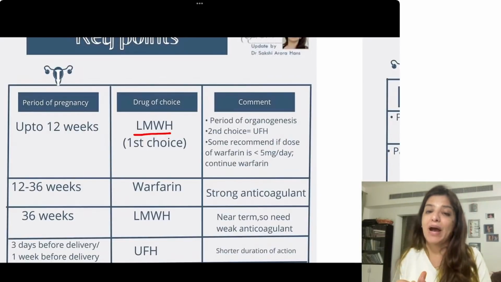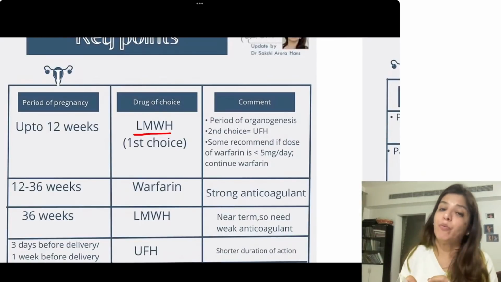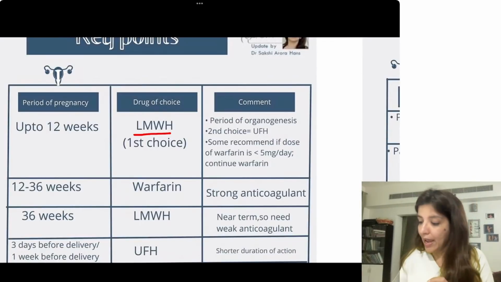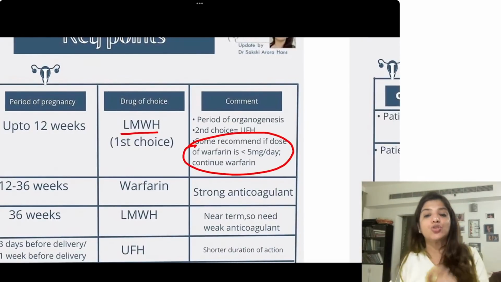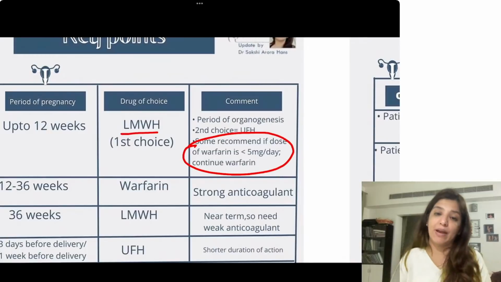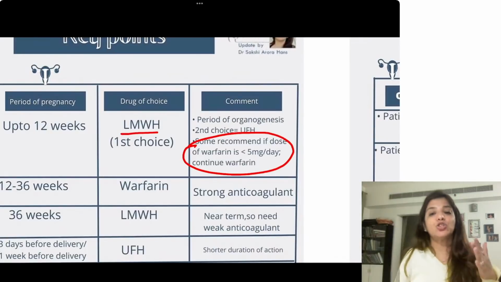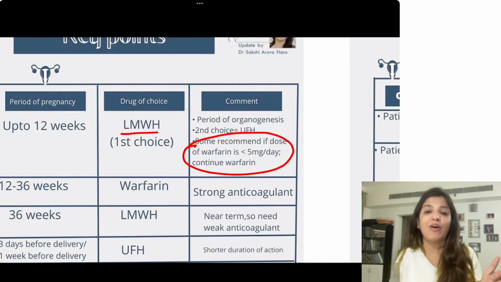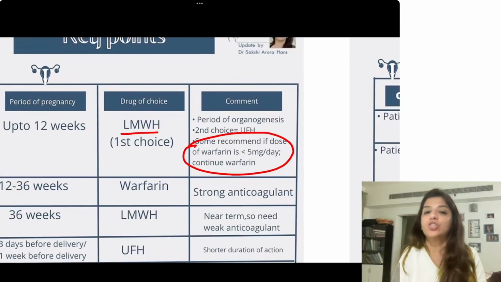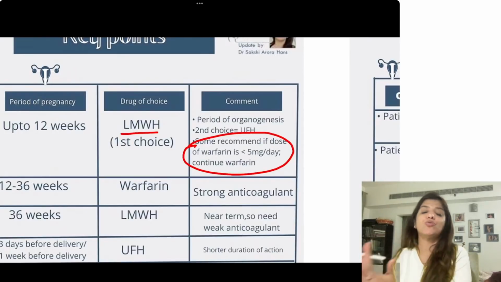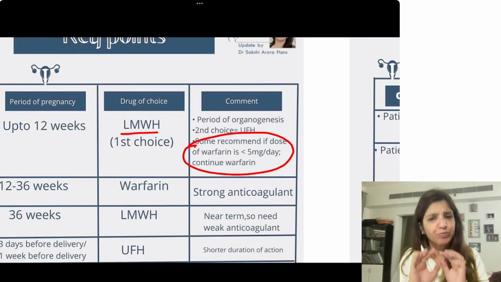So at this time, I am not going to give her warfarin, except, now there is a very, very important exception which they have added, except if the dose of warfarin which the patient is using is less than 5 milligrams per day. So if before pregnancy she was using warfarin and the dose of warfarin was less than 5 milligrams per day, then during pregnancy also in the first 12 weeks I may continue with warfarin, but the dose should be less than 5 milligrams.